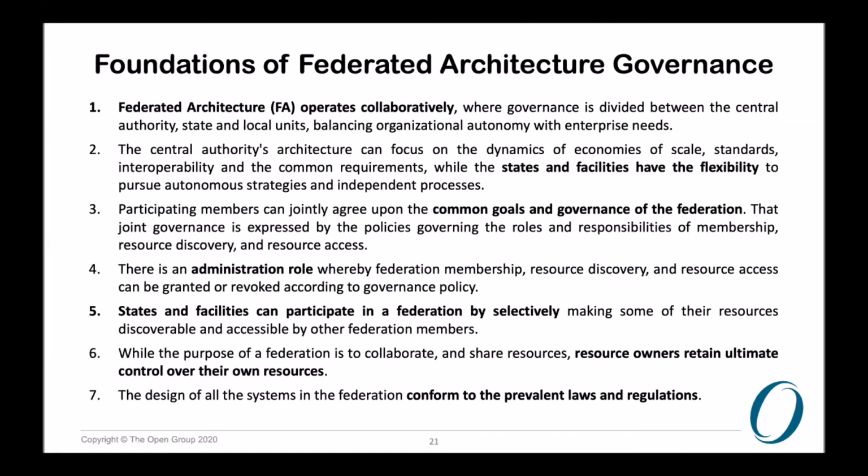Second, states and facilities have the flexibility to pursue autonomous strategies. We don't say that simply because there is a central directive, all the states have to use exactly the same approach to solve the problem at hand. They have some level of autonomy, which is important.